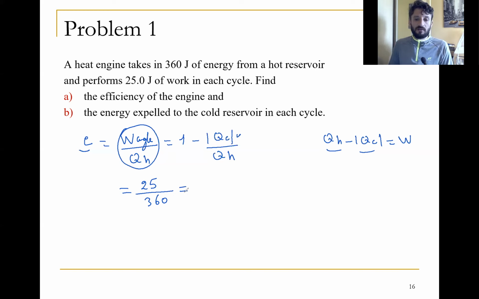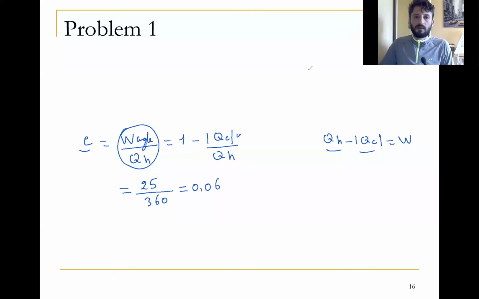We calculate the value. It will be equal to 0.06. So 0.06. In this case, we have about 6% efficiency. Normally it's a small value.